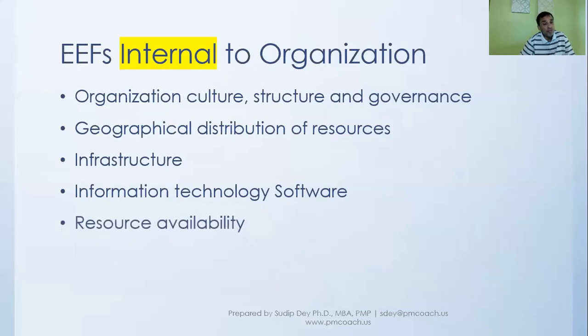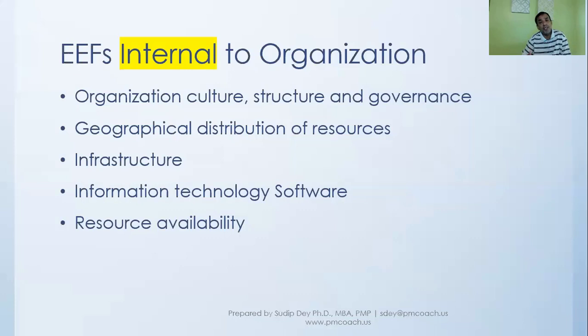We have resource availability, how the resources are available. In some companies, maybe all resources are available within the company. In some, you might not have all the resources available within the organization, and you might have to procure from outside.